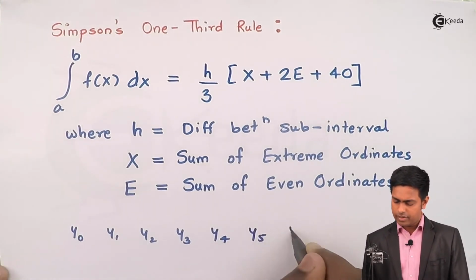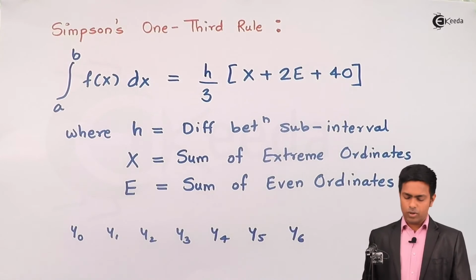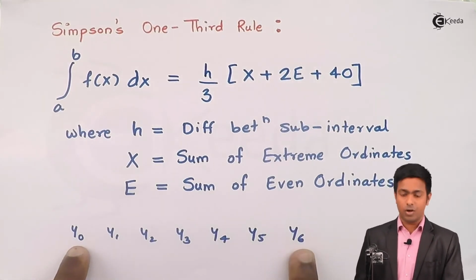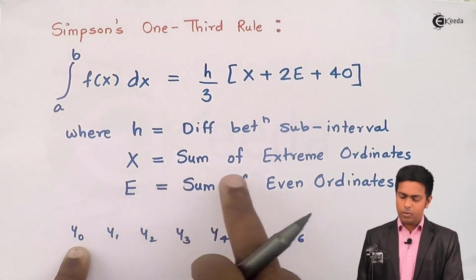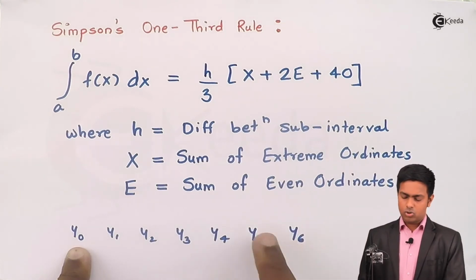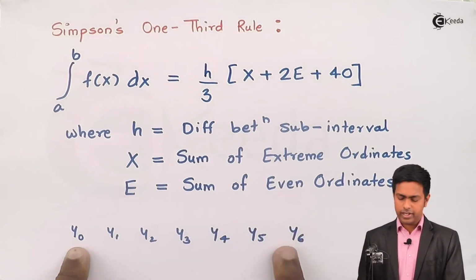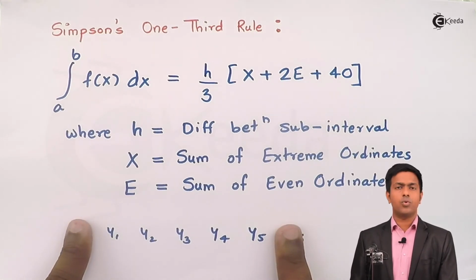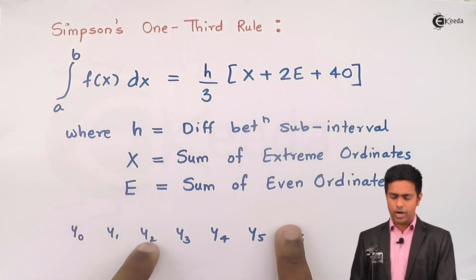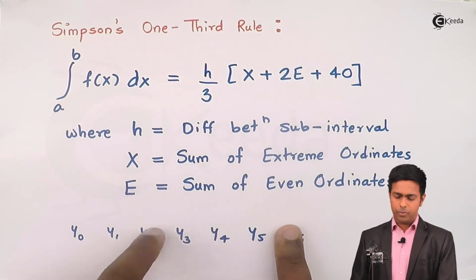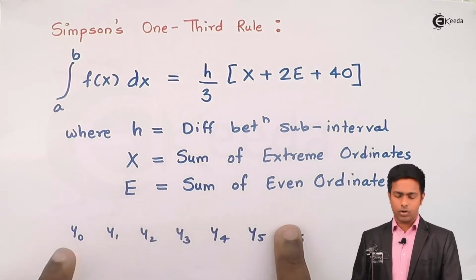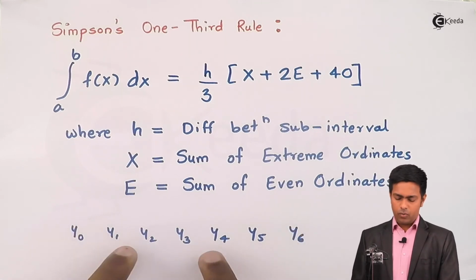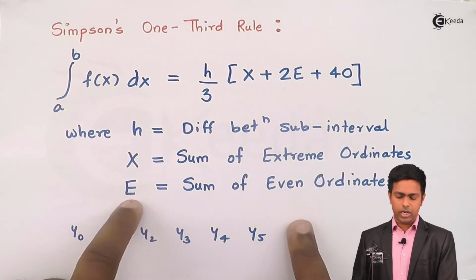Let's say I have these many values. Now y0 and y6 are covered in the sum of extreme ordinates. So in the sum of even ordinates we take the remaining even terms, which are y2 and y4. I will add y2 and y4, and whatever value we get will be called E.